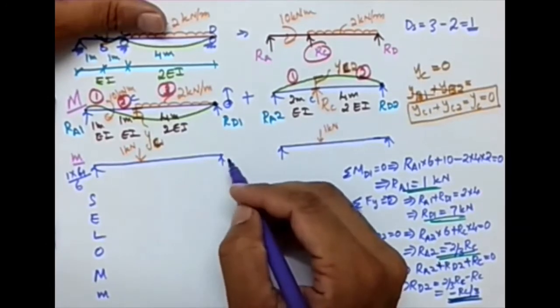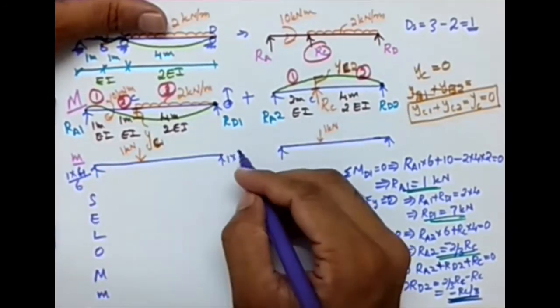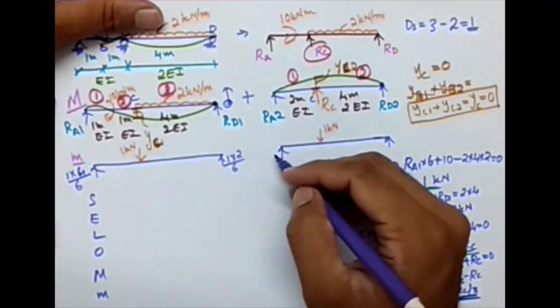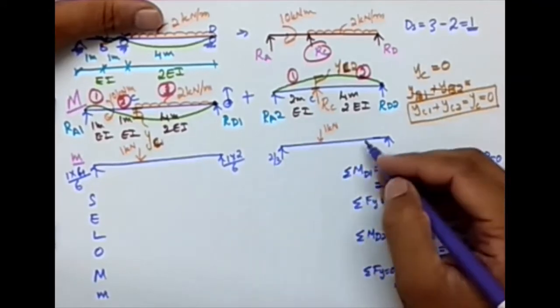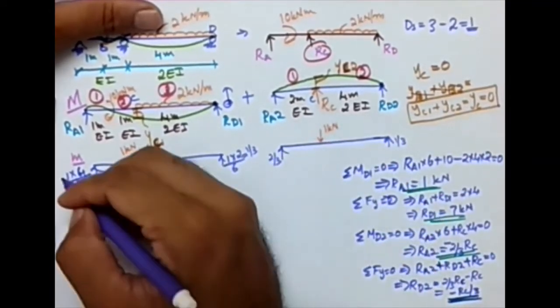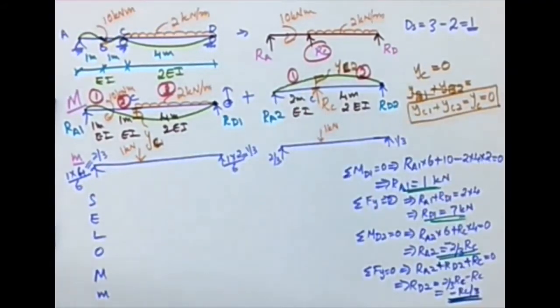And here also, 1 times this distance divided by total, I'm going to get the same thing, which means 2 by 3 and 1 by 3. Here also 2 by 3 and 1 by 3. So I have all the reactions.